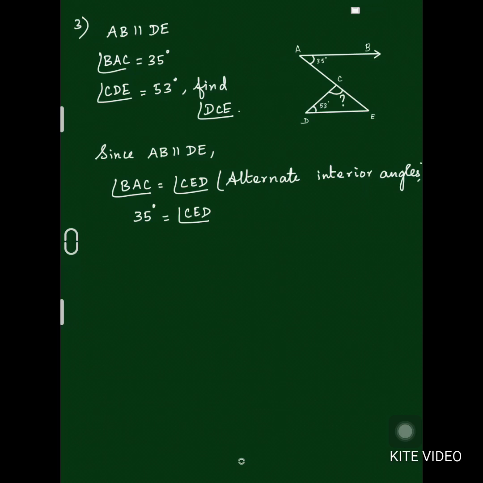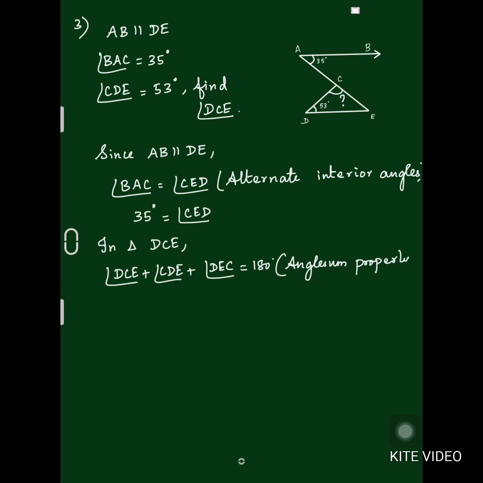Now you know angle CED is 35 and angle CDE we already know, so we can find DCE using angle sum property. So in triangle DCE, angle DCE plus angle CDE plus angle DEC is equal to 180. The reason is the angle sum property of a triangle. Angle DCE we have to find.